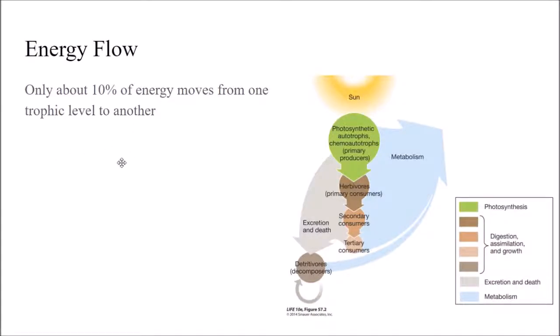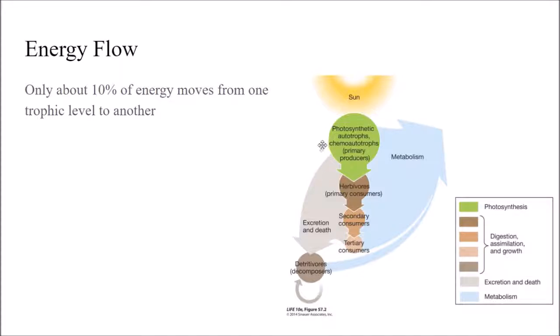What's fascinating about communities is that we often look at energy flow. And what's fascinating about energy flow is that only 10% of the energy moves from one trophic level to another. Some of that energy is lost, often in the form of heat as well as movement.